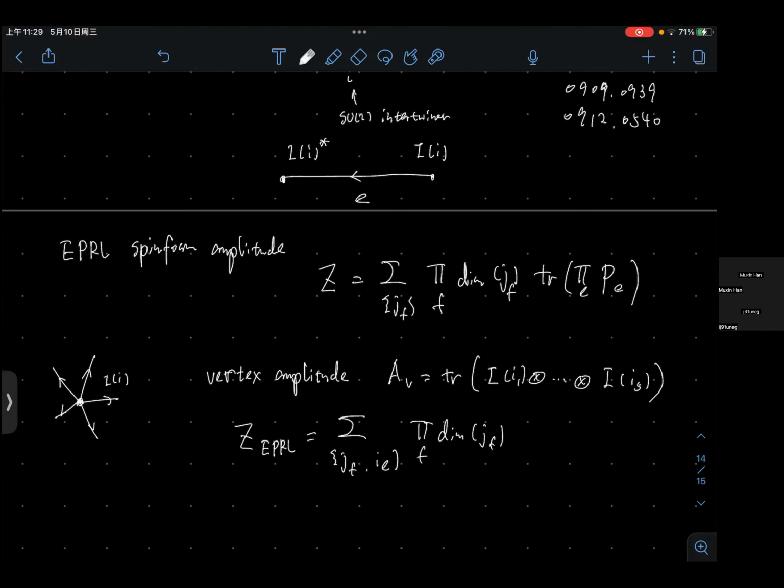You can search, for example, face amplitude, spinfoam amplitude, and you will find articles discussing why we have to choose the SU2 dimension to be the face amplitude. And then a product over all the vertices, the product of the vertex amplitudes. So this is the EPRL spinfoam.